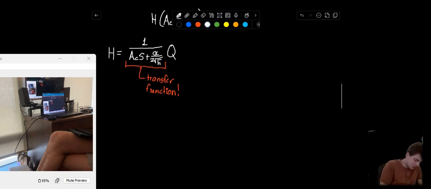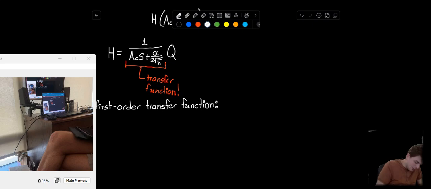So a first order transfer function is a function that has the form: whatever your output is equals k over tau s plus 1 times whatever your input variable is.